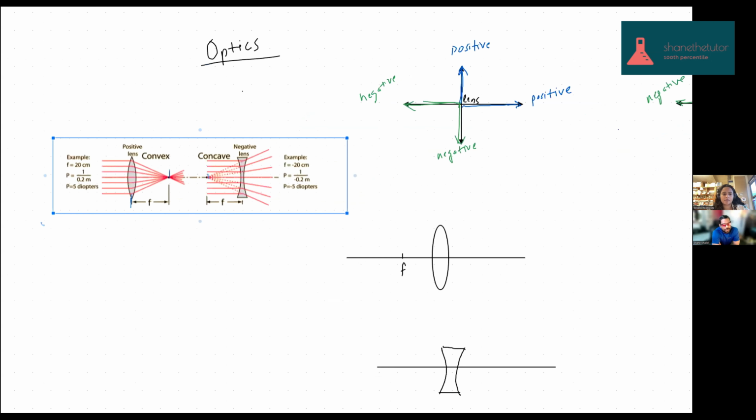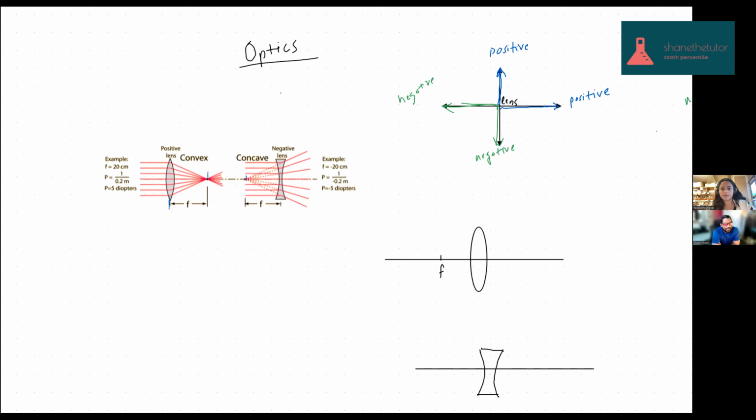In this image that I pasted in, for a convex lens here, the light that hits it from the left is parallel to the ground, and the light rays start to converge. The distance between the lens and the point at which they converge is the focal length.